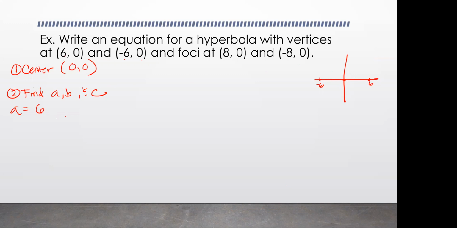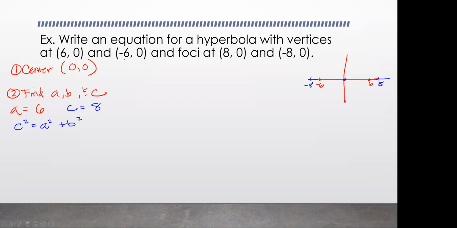c is the distance between a focus and the center. The foci are at (-8, 0) and (8, 0), so the focus is 8 units away from the center. That is the value of c, okay? Now we need to use that information to solve for b, and we know that c squared is equal to a squared plus b squared.